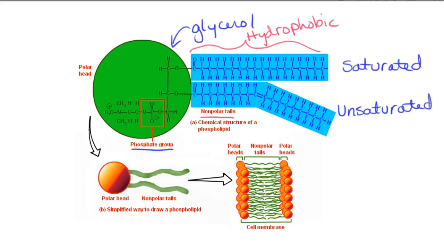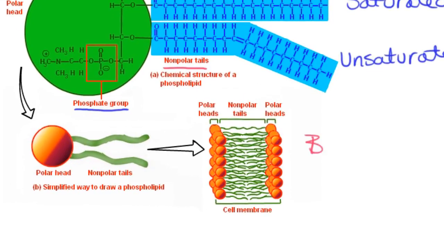When we have membranes formed, the way that it works is that you can see in this image here that we'll have a bilayer. And it's a bilayer because we're going to have 2 layers of phospholipids. And these 2 layers will face each other so that all of those tails are on the inside of the membrane, and all of those polar heads or head groups are on the outside of the membrane.